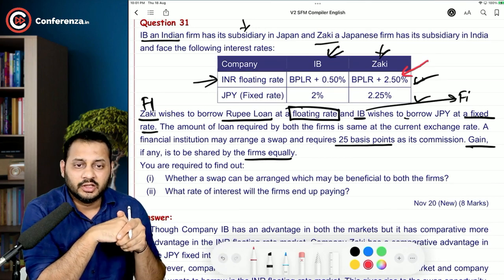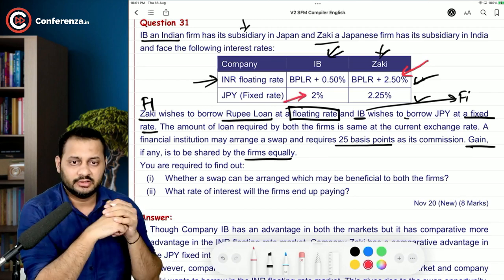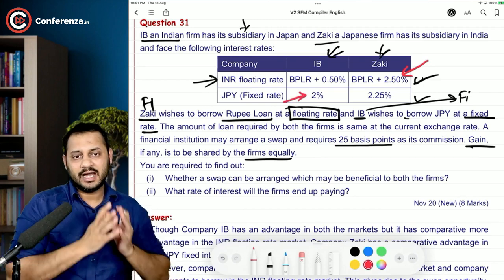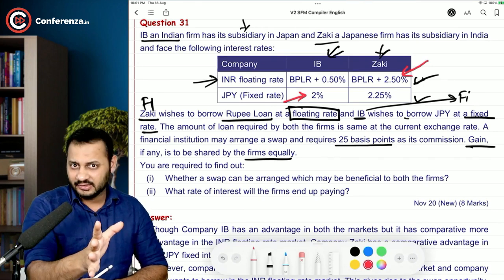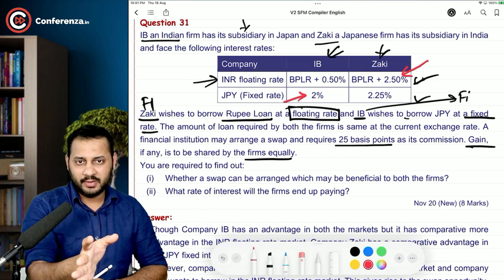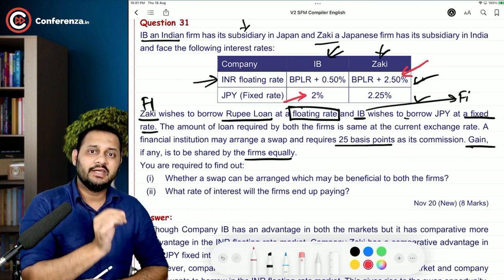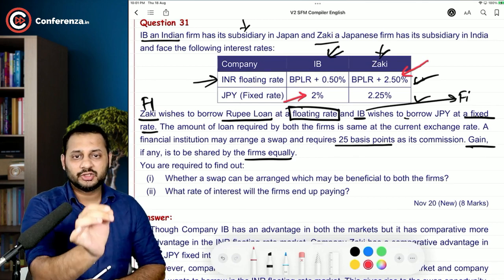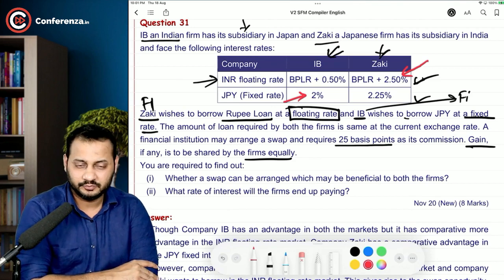And IB wishes to borrow at a fixed rate. So you can clearly see that IB has to pay 2% if it goes directly to the bank and borrows at a fixed rate. Zaki will have to pay BPLR plus 2.5% if it goes to the bank and borrows the money.